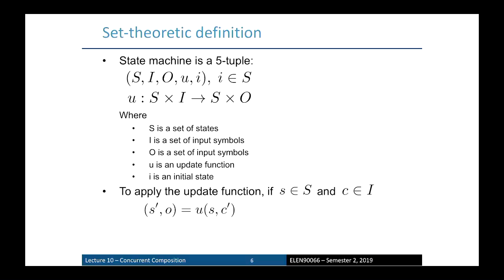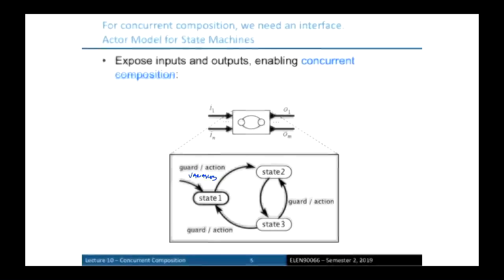Because we're interconnecting things, it gets very important. So we're going to describe every state machine by a 5-tuple. Anyway, it's a tuple that contains all of the relevant information to describe the state machine, in addition to our actual state transition diagram.